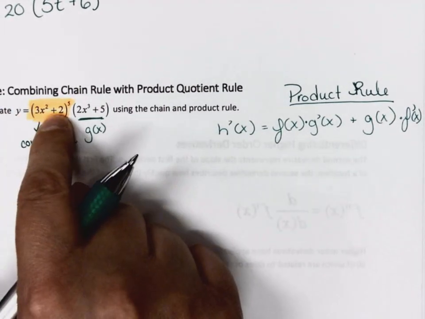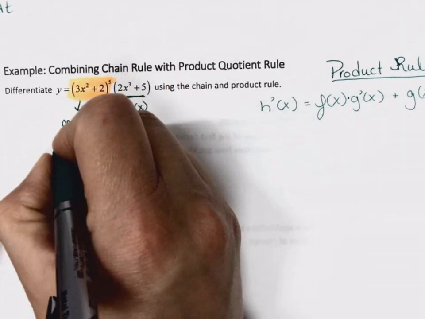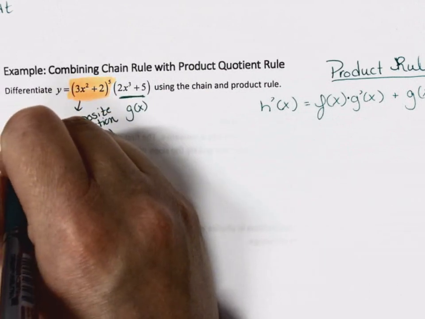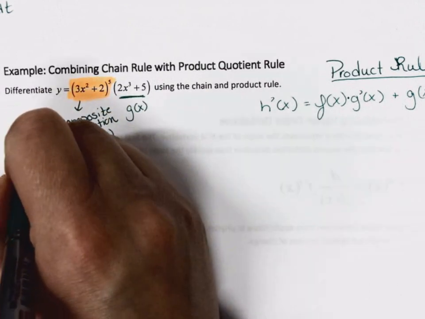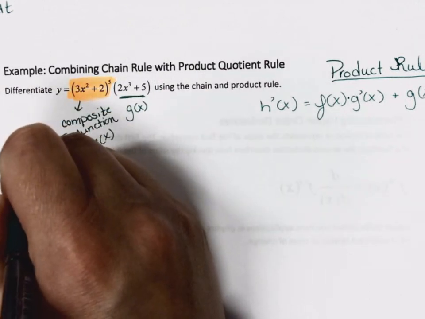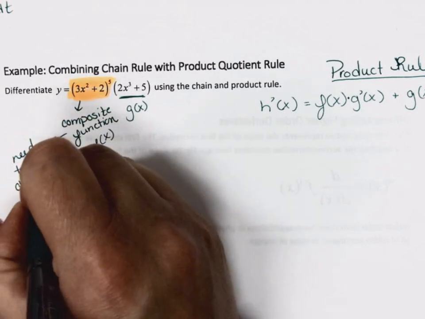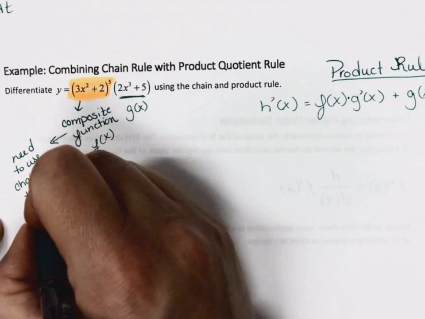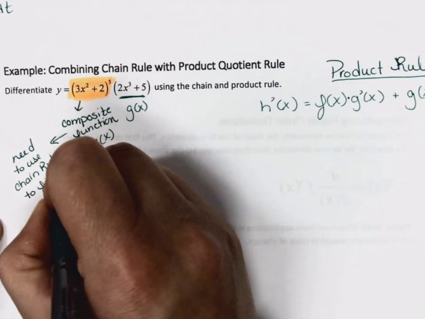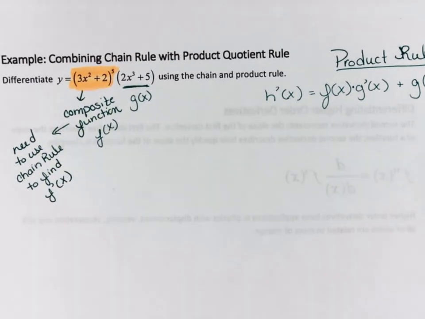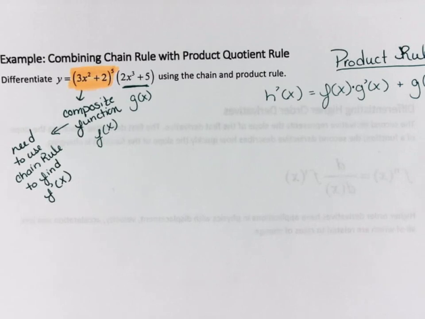But this one is a composite function, so we need to use the chain rule here to find the derivative of f of x because we need that for the product rule.